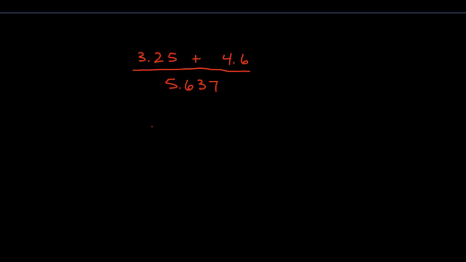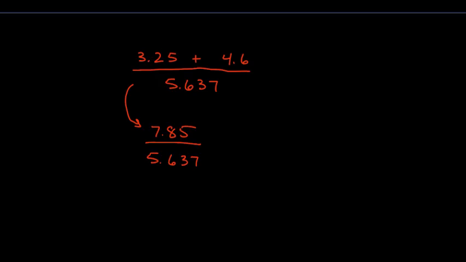Now, if we start with our 3.25 plus the 4.6, we are going to get 7.85 over our 5.637. Now, remember, as we go from this first part to this second part, we should round for sig figs.